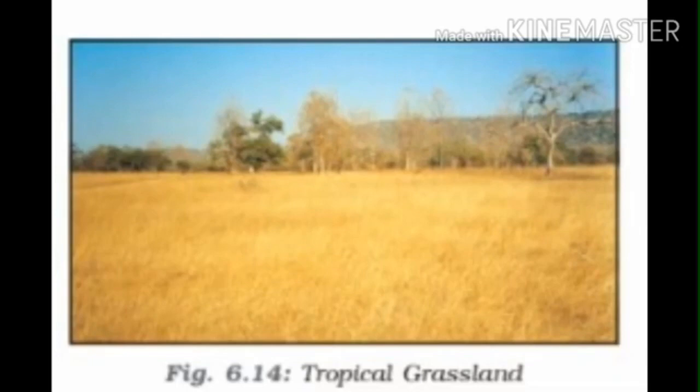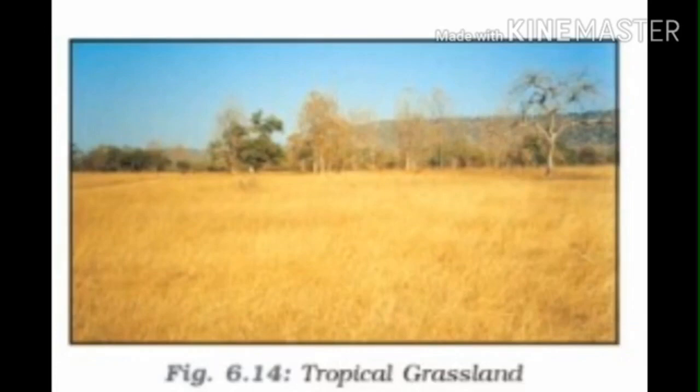Okay children, what is the main characteristic of temperate grassland? These temperate grasslands are also known as the granaries of the world. What does that mean? It is also known as the granaries of the world. Wheat and maize are grown in these grasslands.